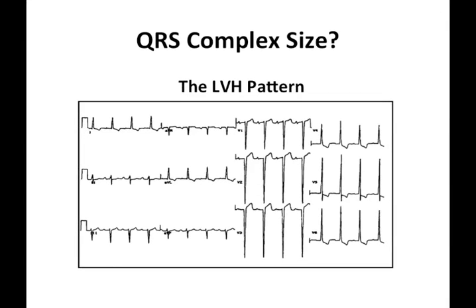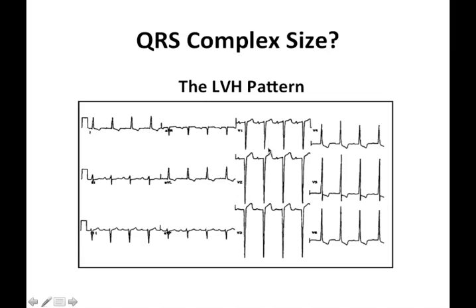So here's a 12-lead ECG of a patient that has the LVH pattern. They are not having a heart attack, even though significant ST segment elevation is present, as you can see in V2, V3, as well as ST depression in V4, V5, V6, and leads 1 and AVL.